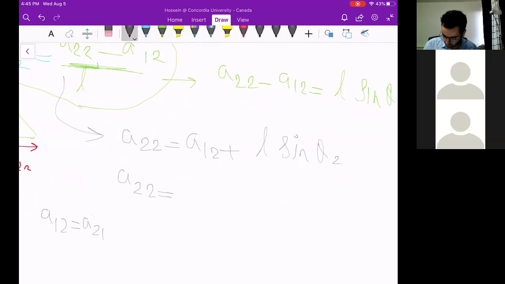A21 is L over g times (M1 plus M2 plus M3). So we don't have the second term.